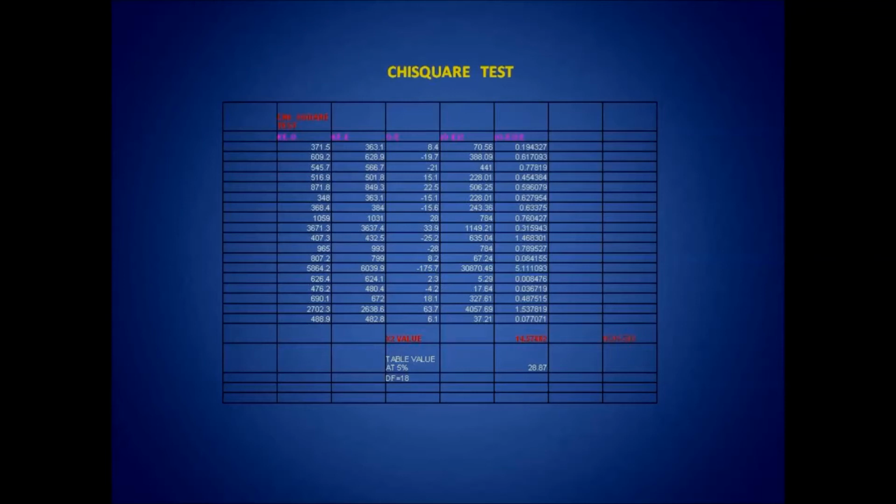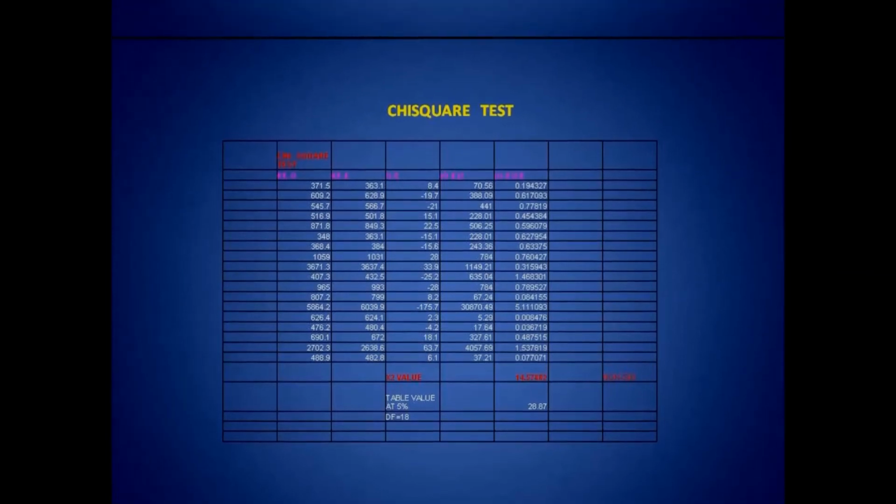It should be non-significant. If the difference is significant, there is a difference between the observed and expected population. So this chi-square test is used to differentiate whether the observed population and expected population are the same or not. To test this, we use this chi-square test.